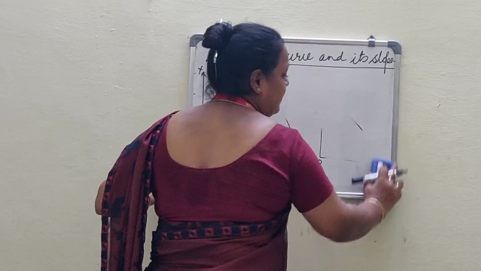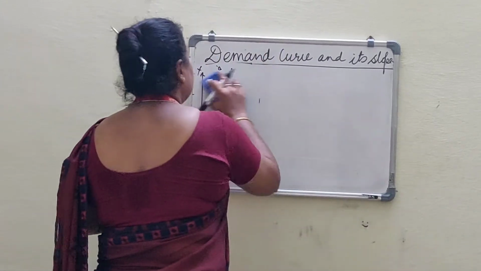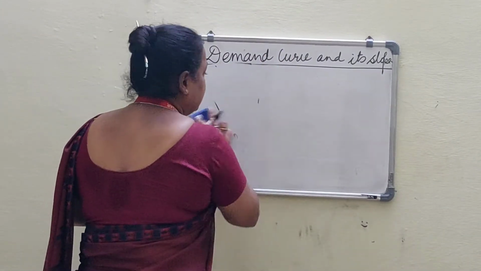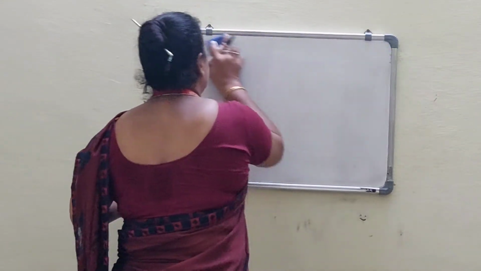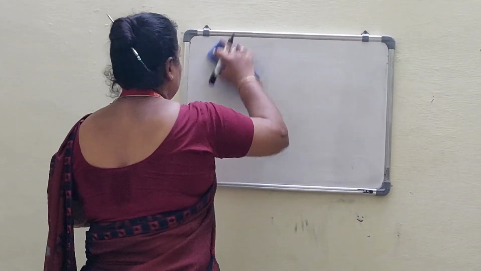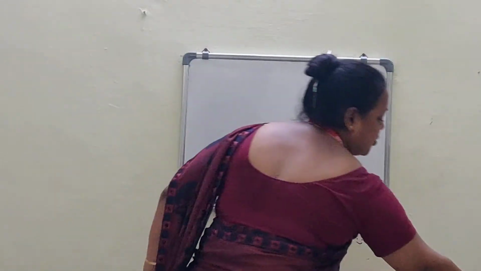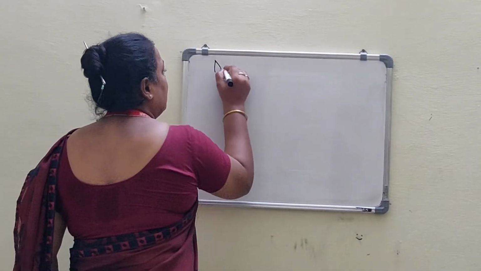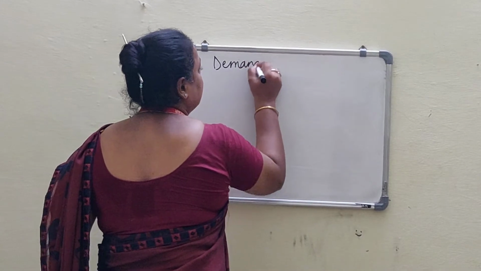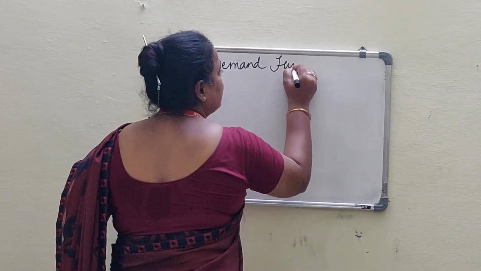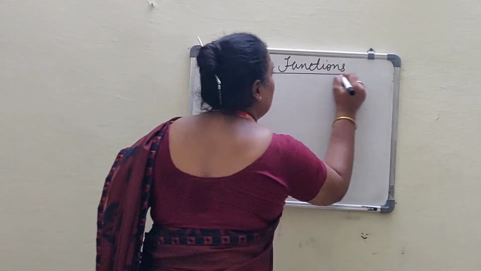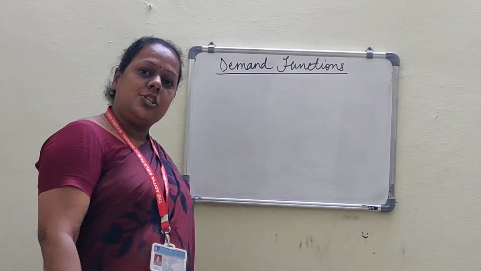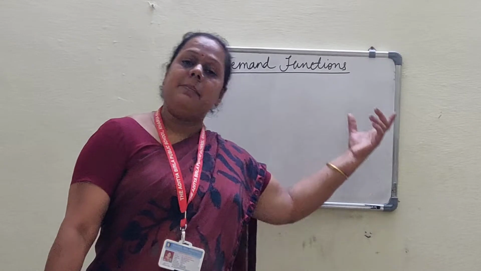But today the important next topic that we are going to have is the demand function. What is demand function? This is something very important. Well, when we talk about demand function, there are some very important things on which a person's demand is dependent.